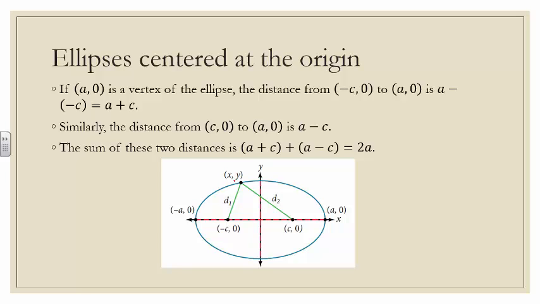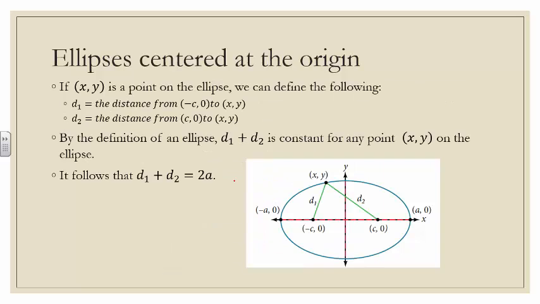Similarly, the distance from the focus point c, 0 to the point a, 0 is a minus c. The sum of these two distances is a plus c plus a minus c, which gives us 2a.